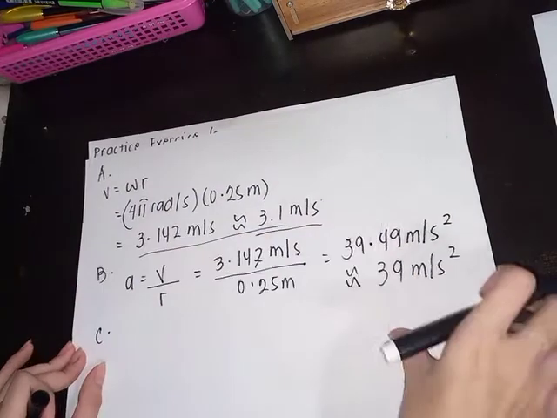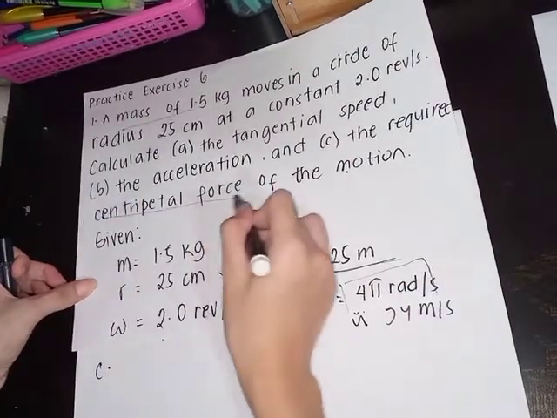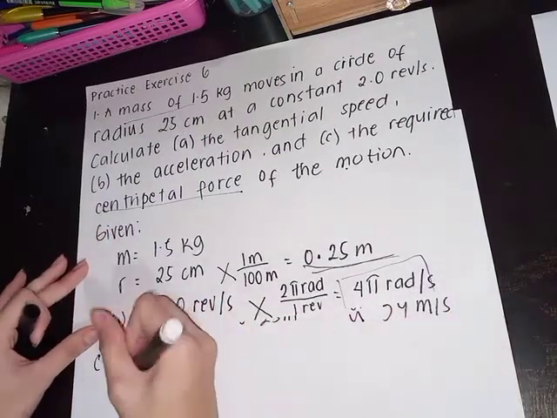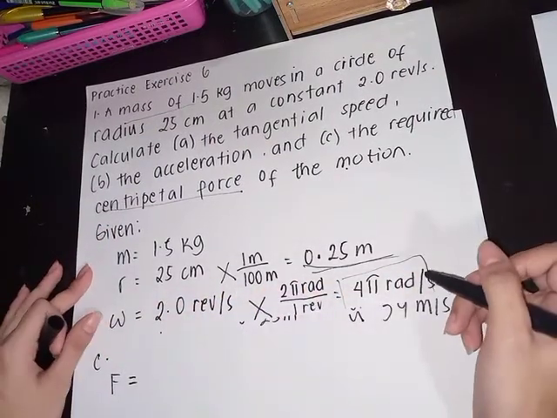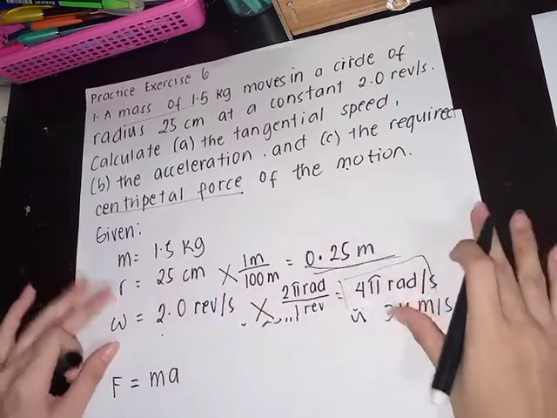And then the third we need to find is the centripetal force. So it is force. We have the formula of force is the product of mass and acceleration.